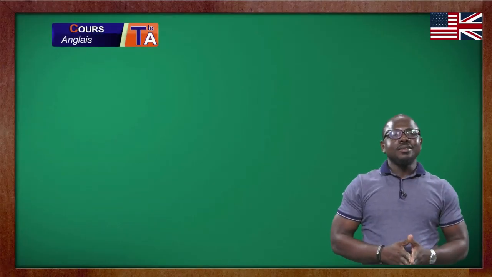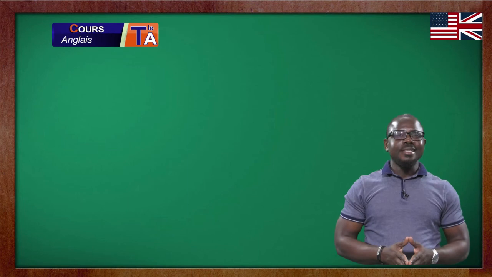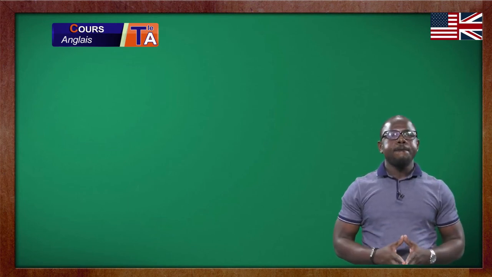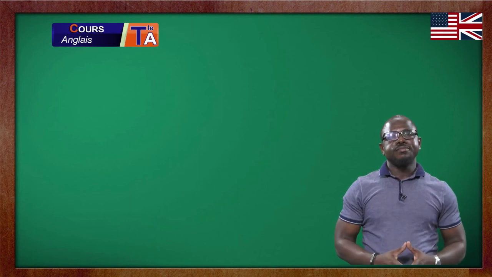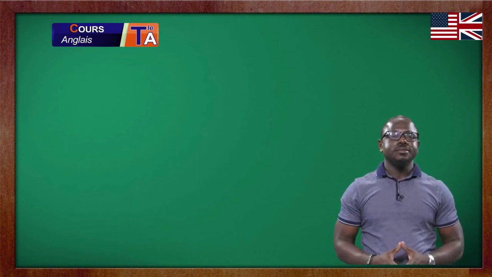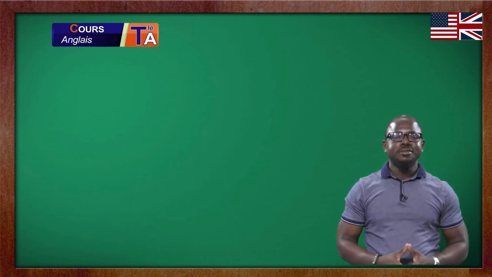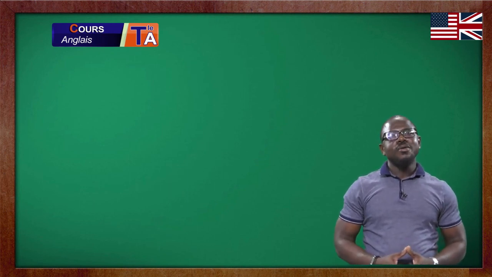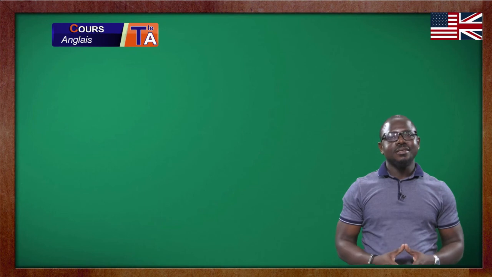I know this one is a little bit complicated, but let's do it together. Number 1. By this time tomorrow, I finish the project. What is the answer? By this time tomorrow, I will have finished the project.